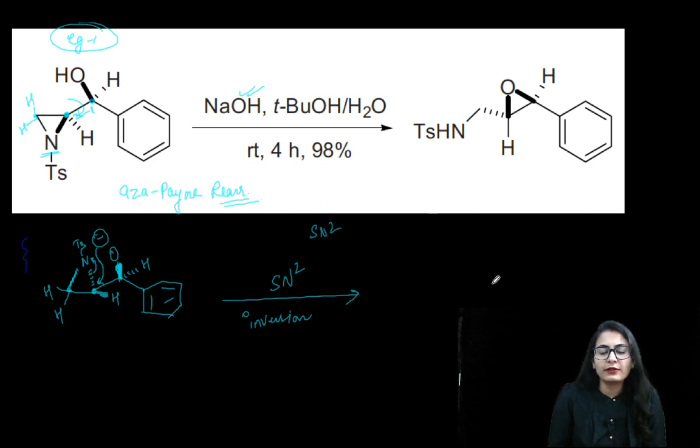Alright, and what do you get? You get this product, that epoxide forms from the above. Okay, the hydrogen is still below and there is this phenyl group, right? And on the further carbon, what do you get?